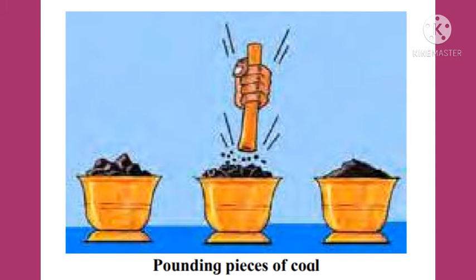Try this. Take small pieces of candy sugar, that is khadi sakar, or coal, and pound them in a mortar as shown in the picture. What do you notice? When you pound the coal or the sugar, it turns into a powder, that is, into small particles. All substances we see around us are made up of very tiny particles.